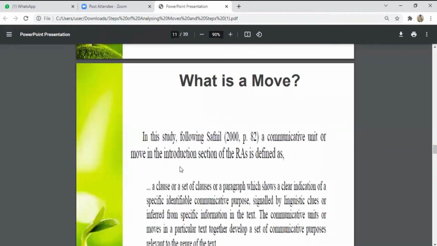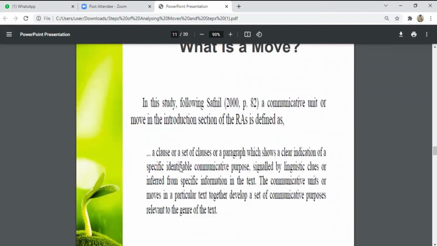Now, I define move. What is a move? So a move is a clause or a sentence, or a set of clauses or set of sentences, or even a paragraph which shows a clear indication of a specific identifiable communicative purpose.